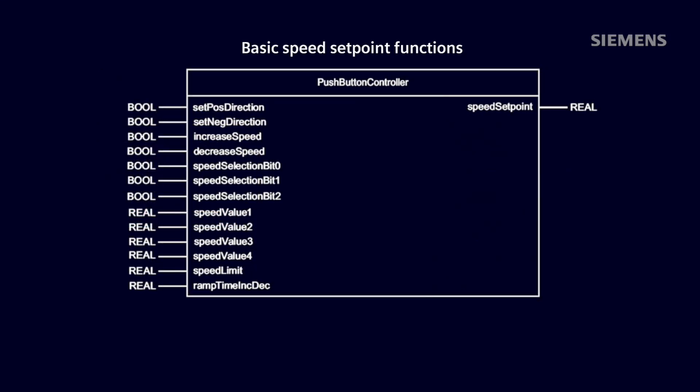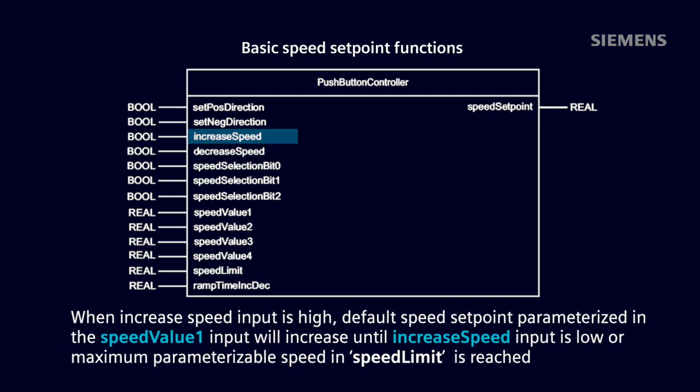Next, you can parameterize variable speed control for this block by using the increase speed and the decrease speed inputs. When the increase speed input is high, the default speed setpoint parameterized in the speed value 1 input will increase until the increase speed input is low, or the maximum parameterizable speed in the speed limit input is reached.